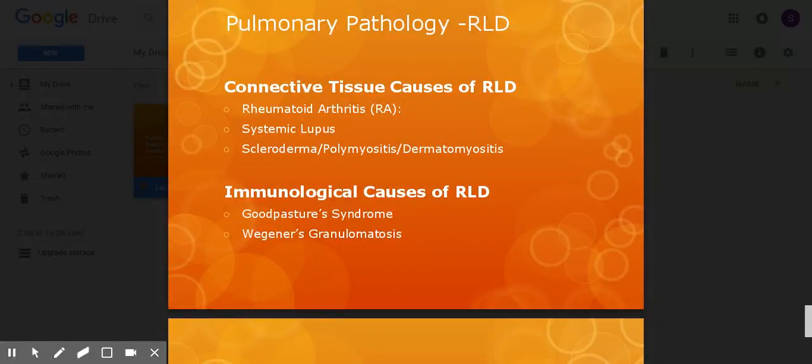Polymyositis is a systemic connective tissue issue with symmetric proximal muscle weakness and can affect respiratory muscles, and in some cases, fibrosis in the lungs.